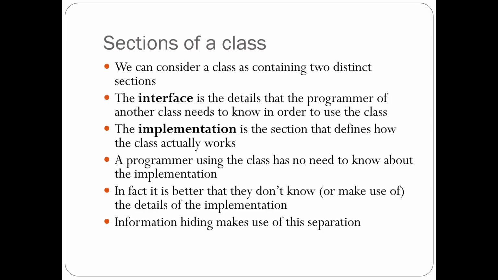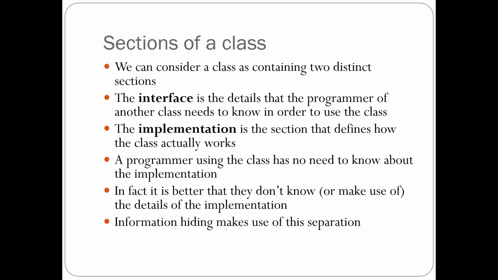The way that encapsulation works is only letting other classes access information in a very strictly controlled way. And the way that we do that is we create classes in a clever way. We create them in two ways inside the same class. We have something called the interface, which is the interface between the class and the other users of that class. So what do we actually allow other people to see or use?